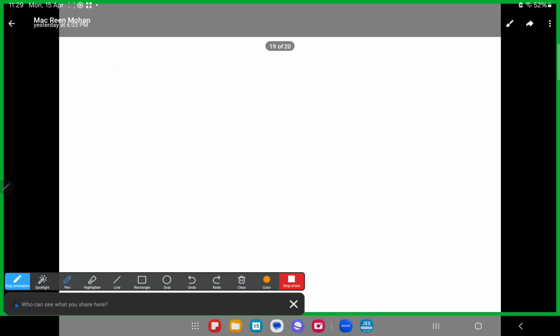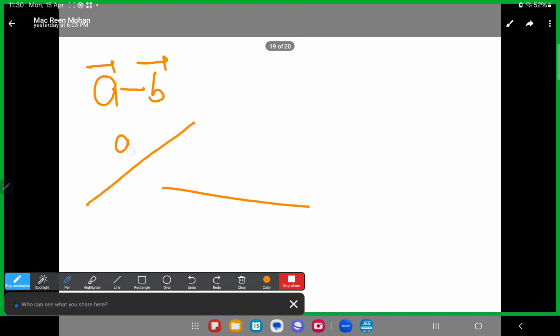Now the next important thing is subtraction. Let's say A minus B. Always remember, this is the A vector, this is the B vector. So how do we solve A minus B? Here we can alternately write A plus minus B. There is no subtraction in vectors; we use negative addition.